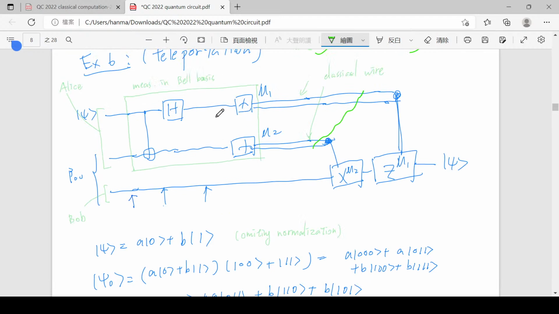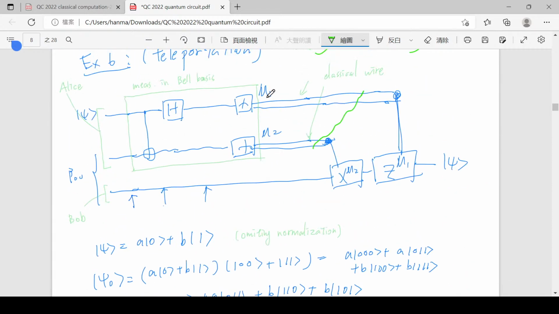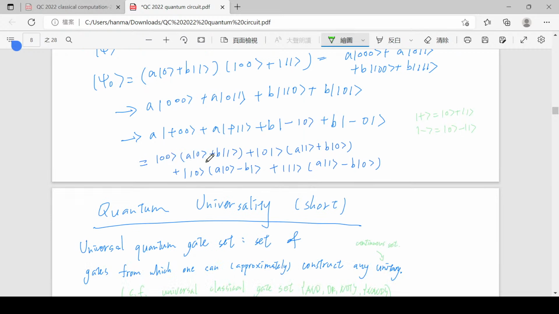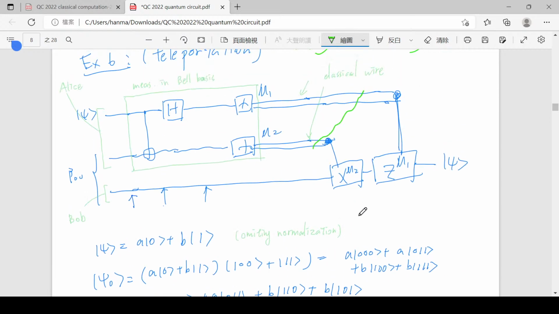Okay, so the first qubit has those 4 possibilities that will correspond to n1 n2, right? And now the residual third qubit will have 4 different states. So as we say, you see either is A0 plus B1 or A1 plus B0 or A0 minus B1 and A1 minus B0.